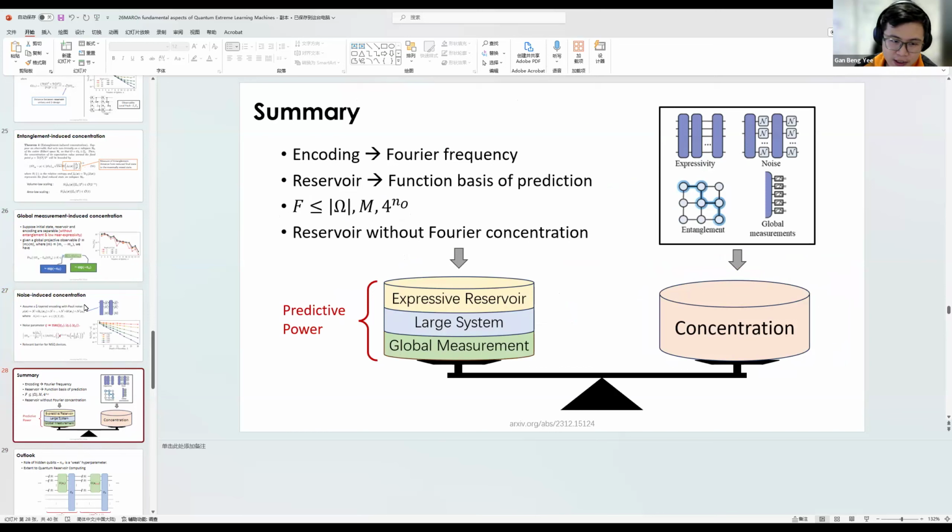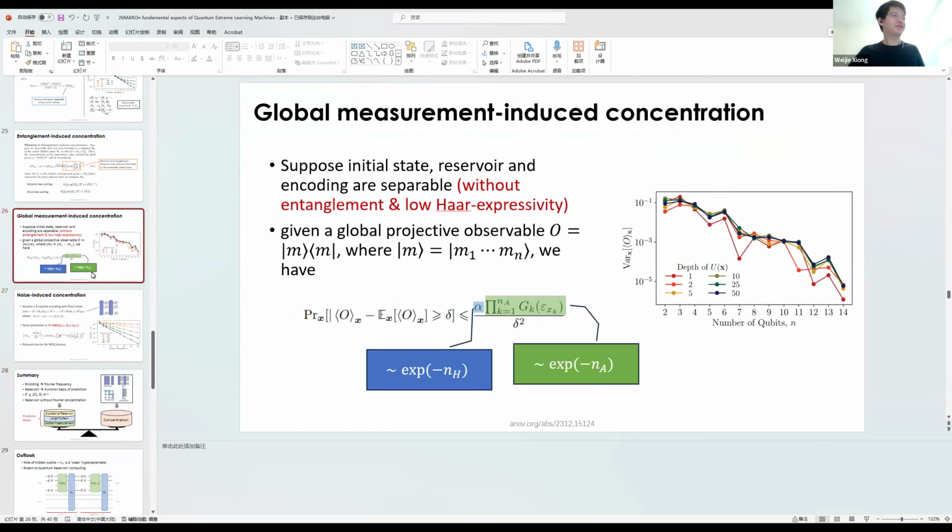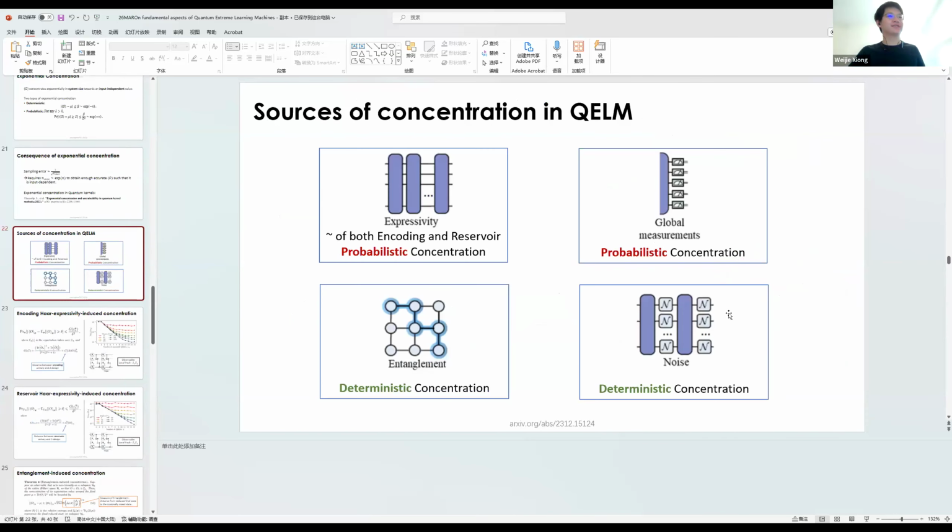And we know recently that Marco, Lorenzo and others have proposed a kind of unifying framework. Do you think that kind of unifying framework can also be applied here, and basically study all of this concentration together? Yeah, I think it's very interesting to capture all these sources into a unique measure.